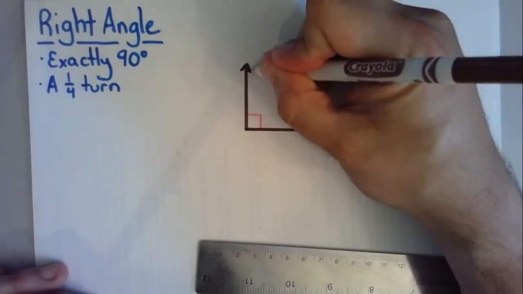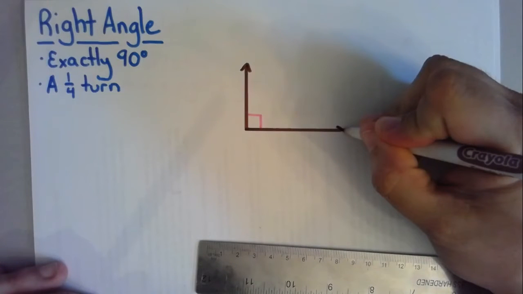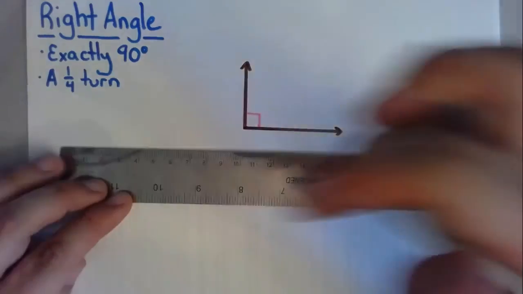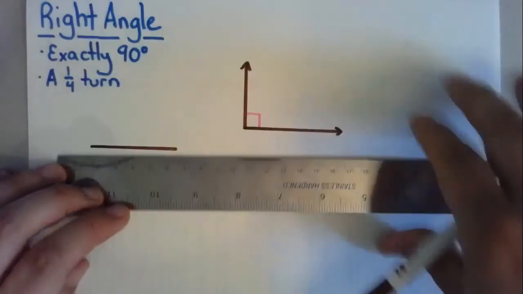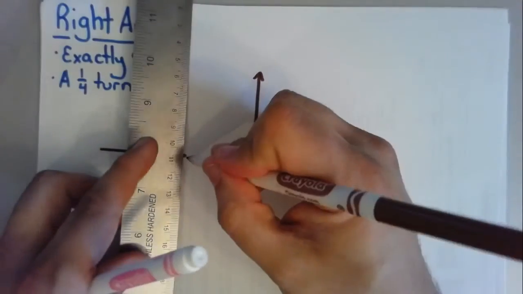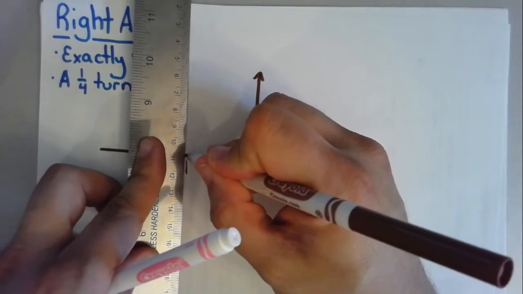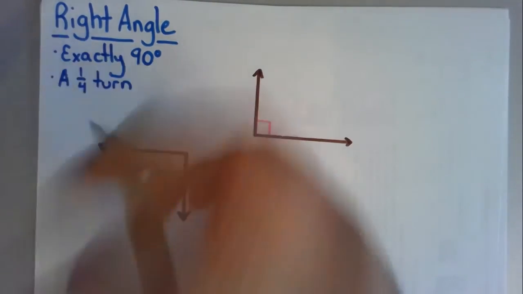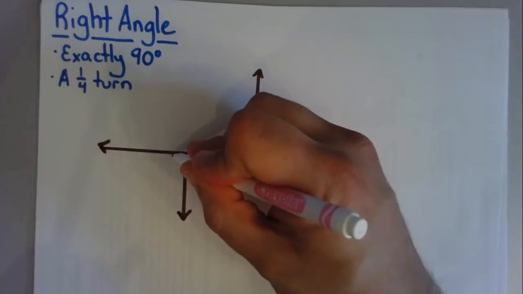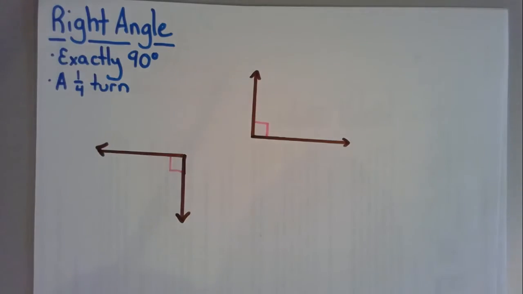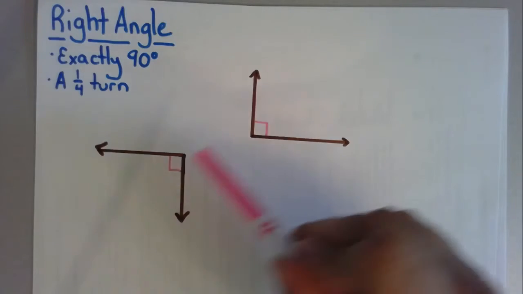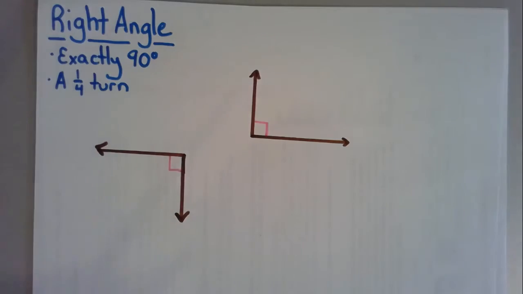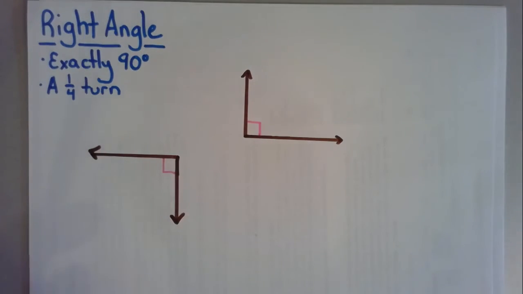Something important to remember about right angles is that they don't face just one direction. I could have a right angle that goes this way. I could have a right angle that goes this way, and they don't even have to end up being straight. What's important, though, is that you can end up fitting a precise square inside of that intersection.